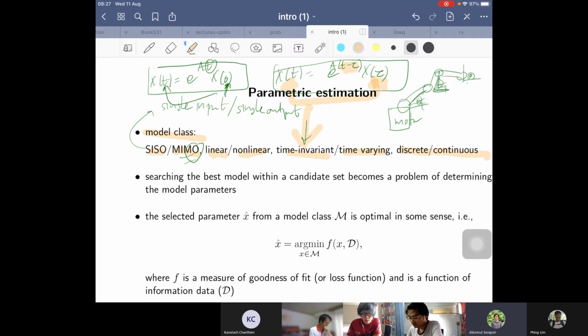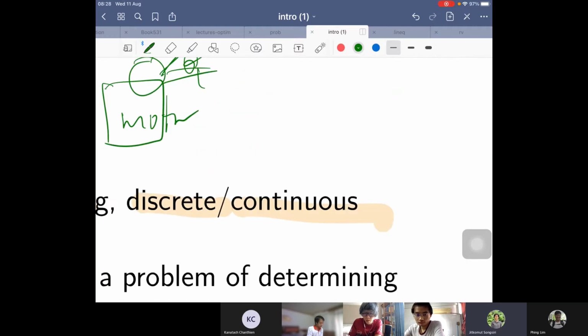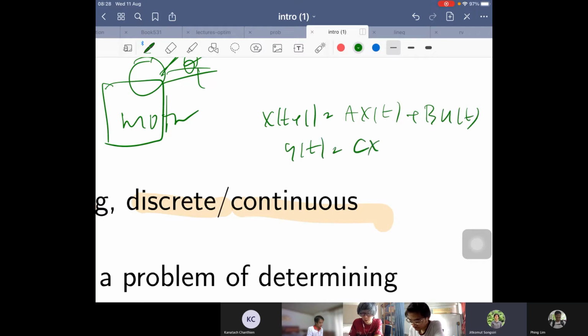A parametric estimation has a goal, which is to find the best model within the candidate set, and that problem becomes the problem of estimating the parameters. Let me put an example again. Suppose this is the model class you want to estimate. This is a state space equation.